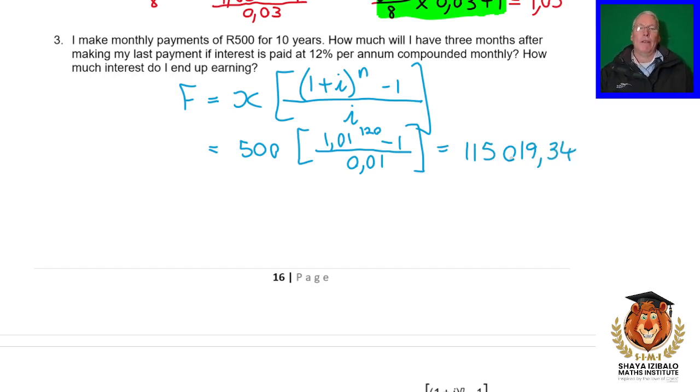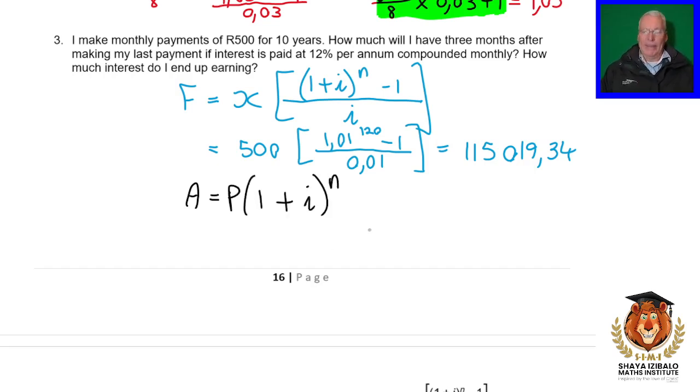Now the question says, how much will I have 3 months later? And this is now just our normal compound interest formula. This amount is just going to earn compound interest for 3 months. This is not an annuity. This is just a normal leaving the money in the bank. So what we're going to end up with is that same number, 115,019.34.